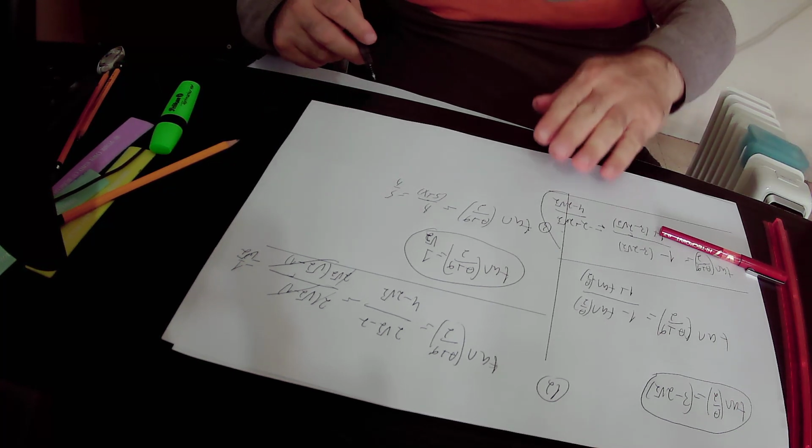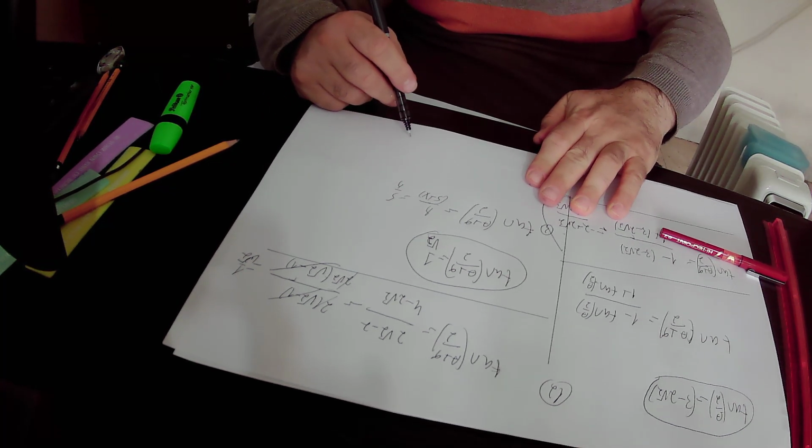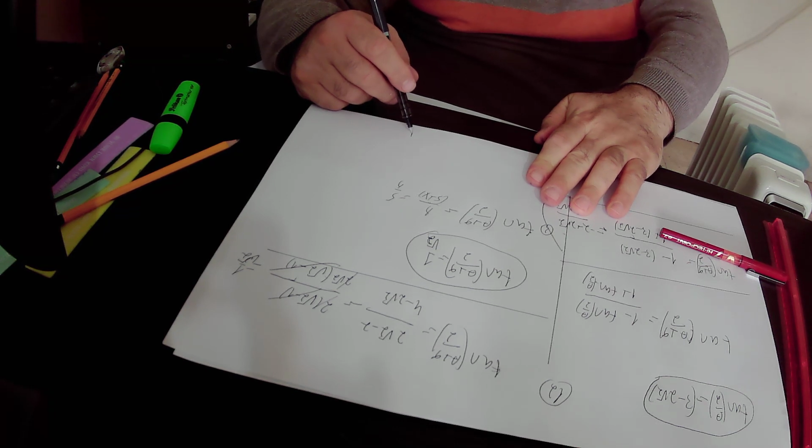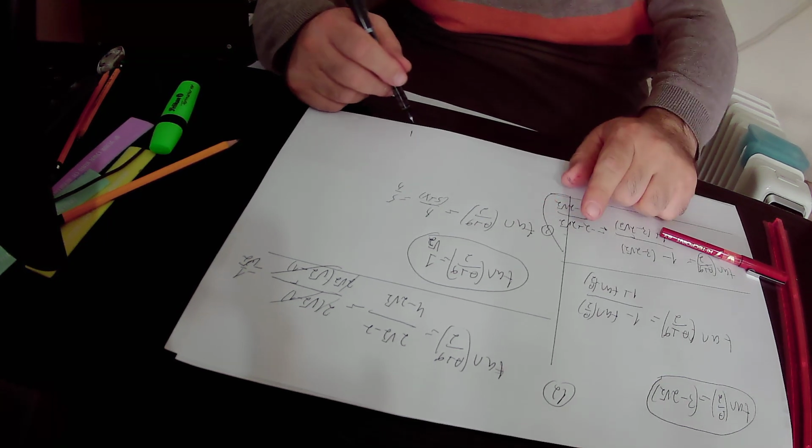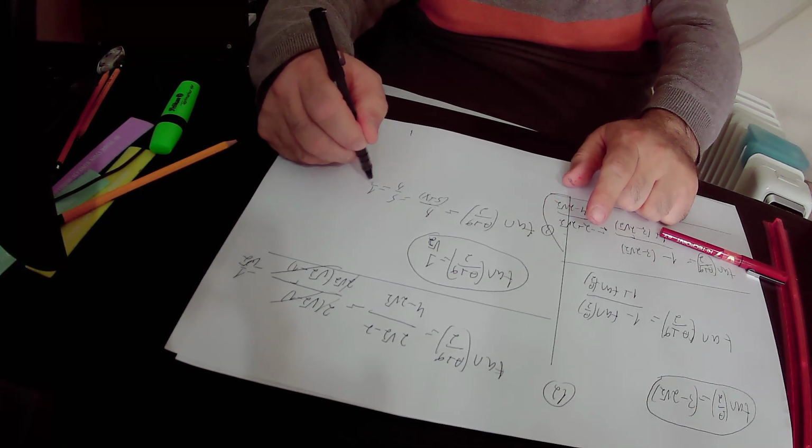Okay, this is actually equation number 3 that I copied, and we just right now found out that tangent theta plus alpha over 2 equals 1 over square root of 2.